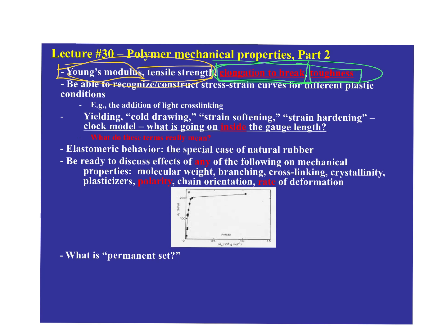And then be able to recognize and construct stress strain curves for different plastic conditions. So if I give you a problem and say, okay, we're forming this material and it behaves in this way, and then we hit it with some gamma rays and we lightly cross-link it, what's that going to do to this process?